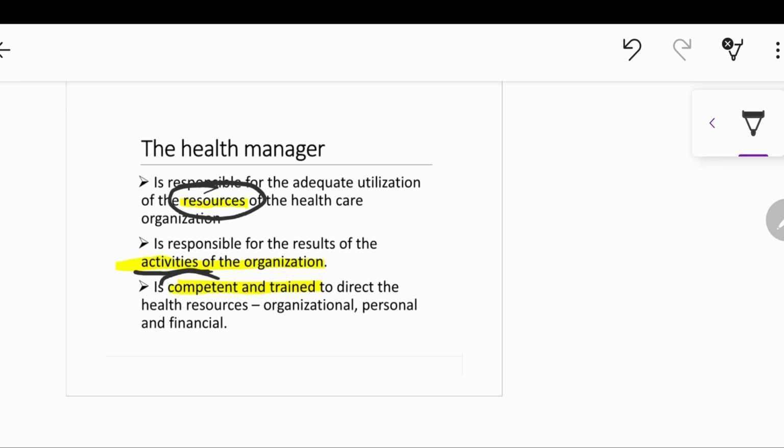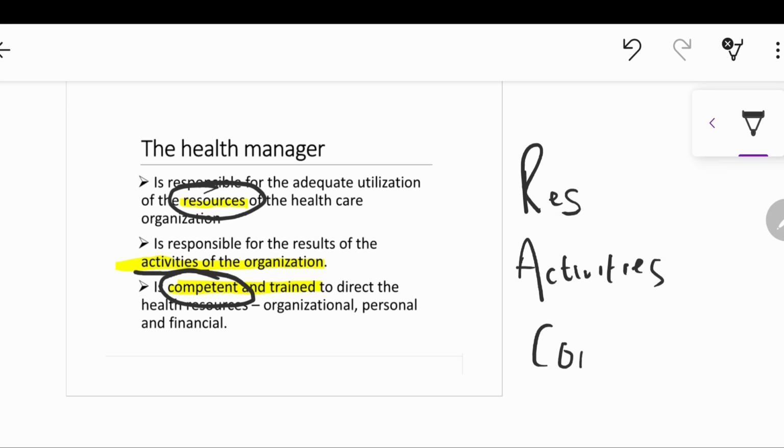Resources, activities, and competency. So pretty standard when you visualize what a manager should be.